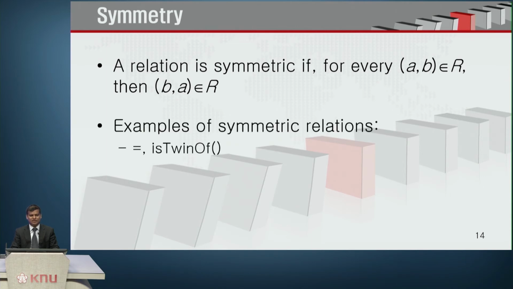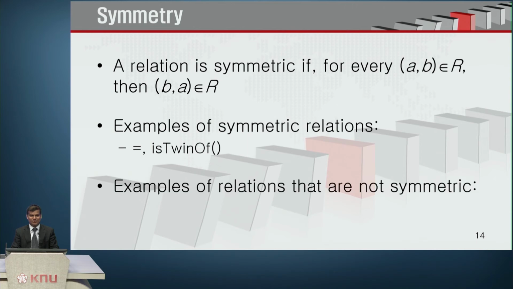An example of a symmetric relation would be the equal to sign, which is the twin of a function in terms of programming. Examples of relations that are not symmetric are greater than, less than, greater than or equal to, and less than or equal to. Basically, symmetry means they are equal.